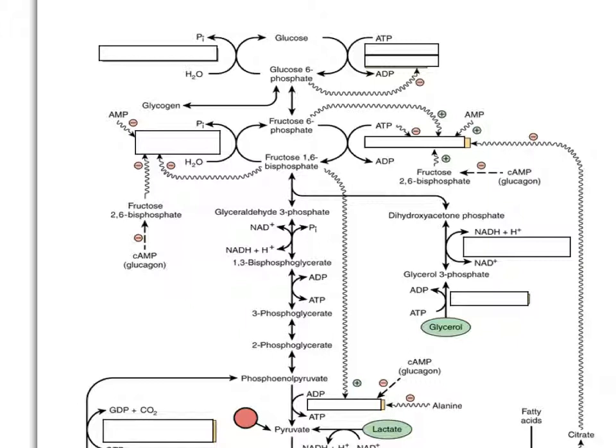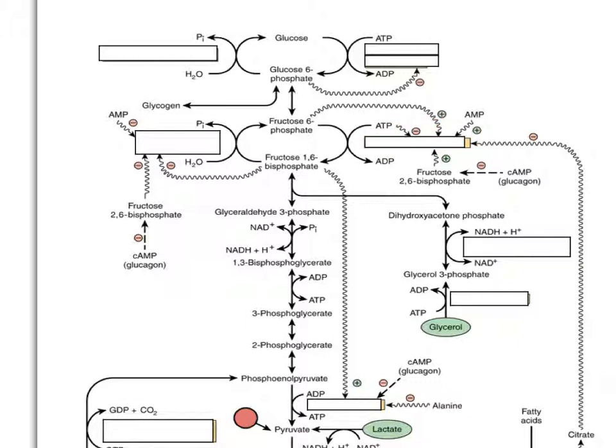Now, the one thing I'd encourage you to do, while you're going through and memorizing all of this, is as you get each section memorized, go through and see if you can logically figure out why each thing would either inhibit or uninhibit a specific enzyme. Like, why would a high concentration of fructose 6-phosphate allosterically activate the phosphofructokinase?